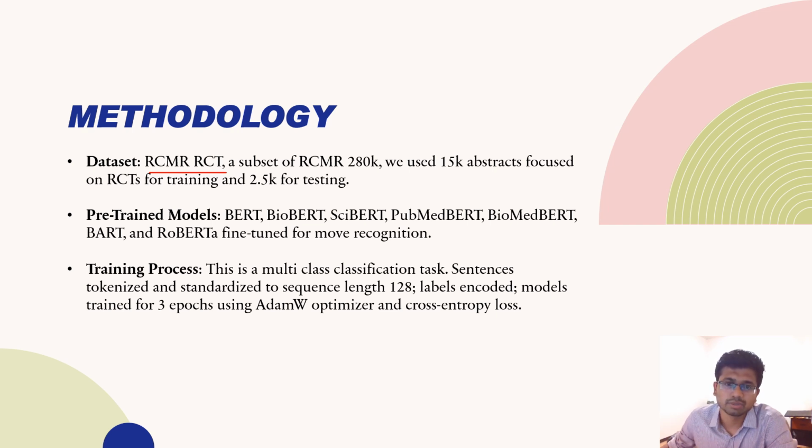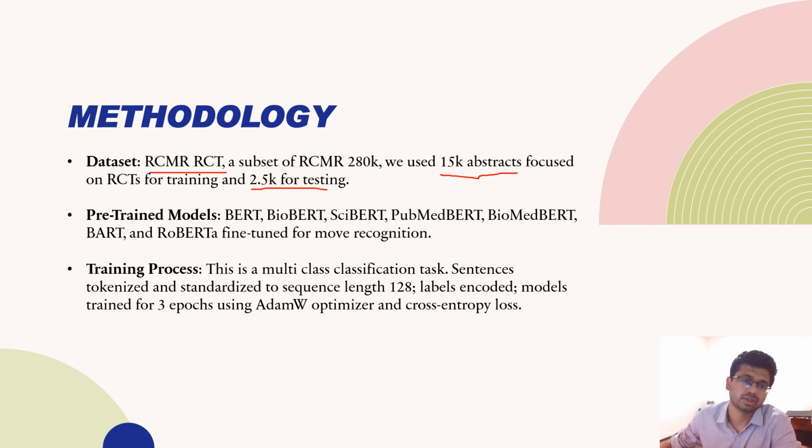For training, we have used sentences from 50K abstracts, and for testing, we have used 2.5K abstracts. As an estimate, we have approximately 174K sentences for training and 29K sentences for testing. The moves that we are trying to recognize here are background, objective, method, result, and conclusion.